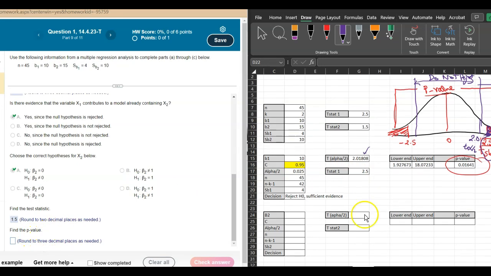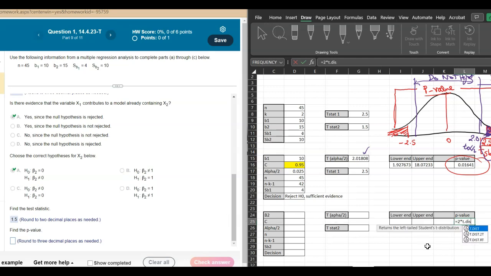So for this we can do the p-value. So here it's going to be 2 times T.DIST.RT. The x is 1.5, click on that one, comma, the degree of freedom, you can put 42, although we didn't fill this up, you can use 42 there, enter, and that's going to be 0.14.